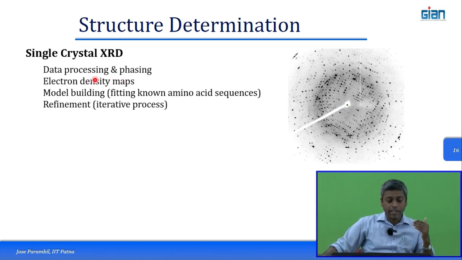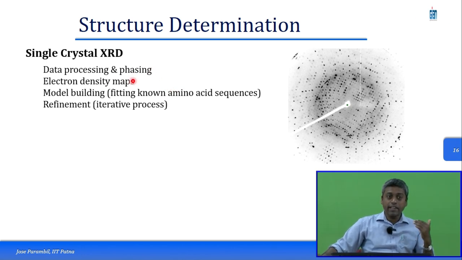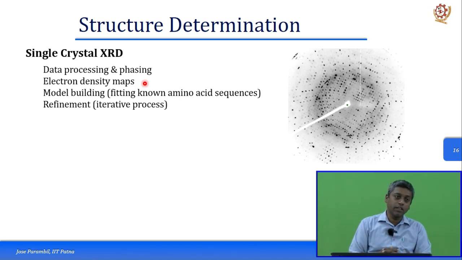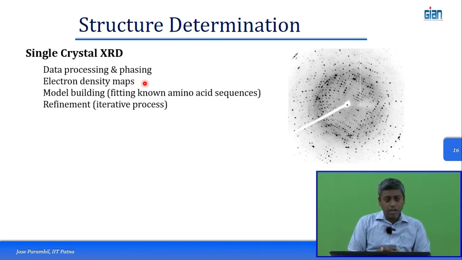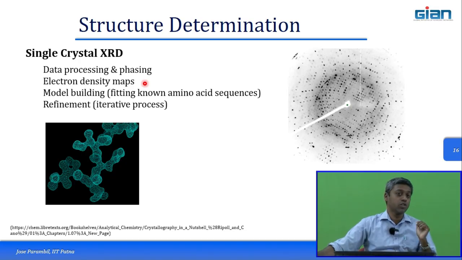After the initial data processing and phasing of the X-rays, which is a tougher topic in itself, so we will not go into that, what you generally get is the electron density map within that solid structure or unit cell you are looking at. Based on that electron density map, you try to build and fit the molecules within it.